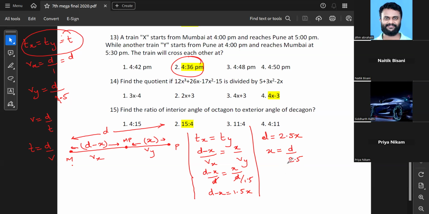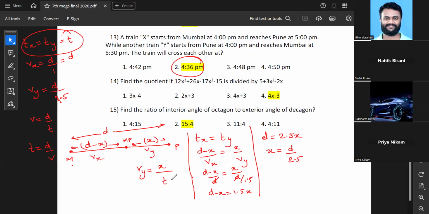Now, since you know the value of X, you wish to find the value of T, right? T is something which you wish to find. How much time did it take to reach? That is the question which you have in your mind. So what will we do? We know that this Vy is basically its distance, that is X, upon time.